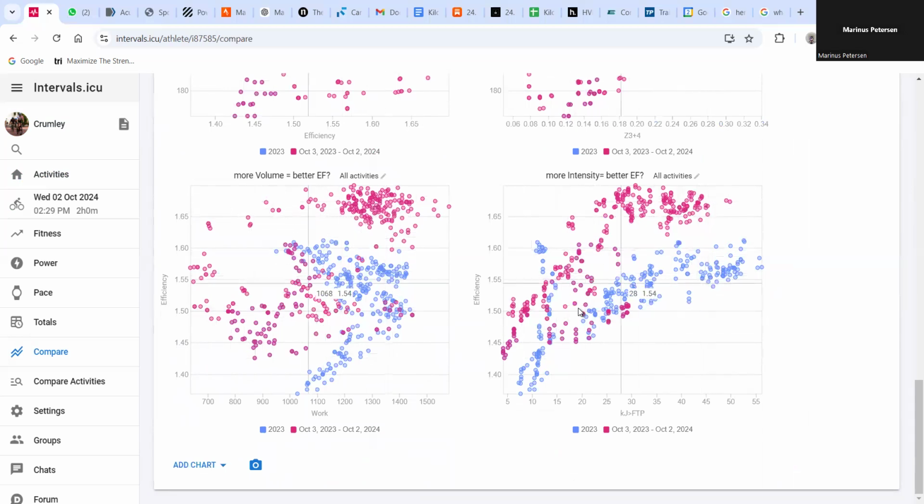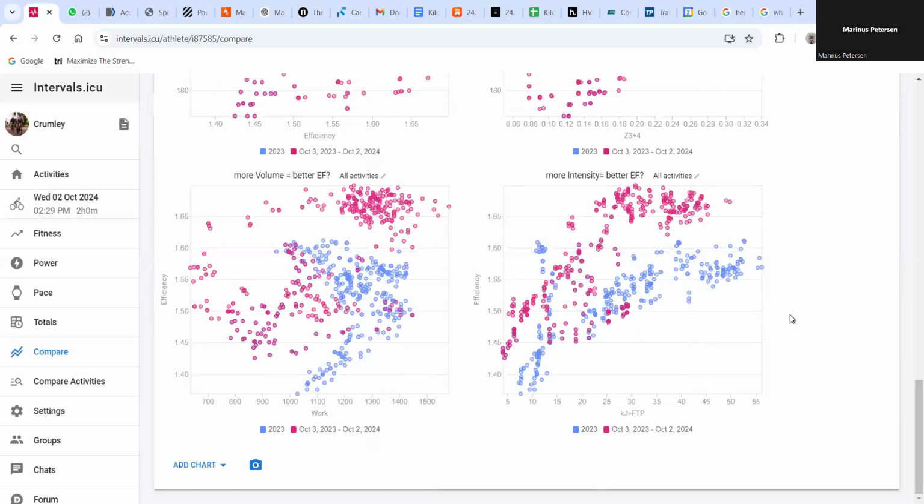None of these are great correlations, because humans are really quite complex systems and there's lots of other things going on at the same time. But more intensity, better EF. More volume and better EF? This person, a slightly lower volume client, maybe there's a bit of correlation there, but that's really not great and it's certainly not as clear as that.